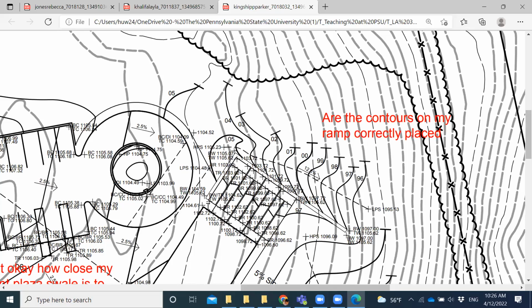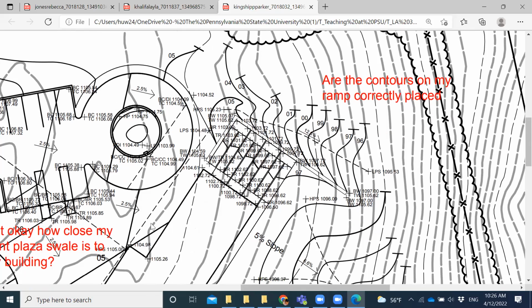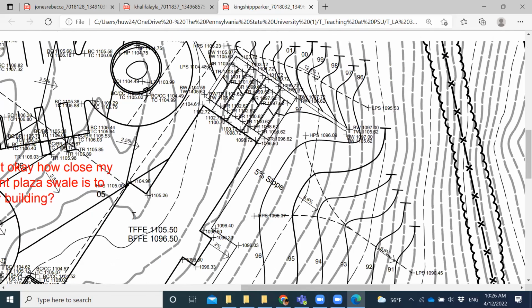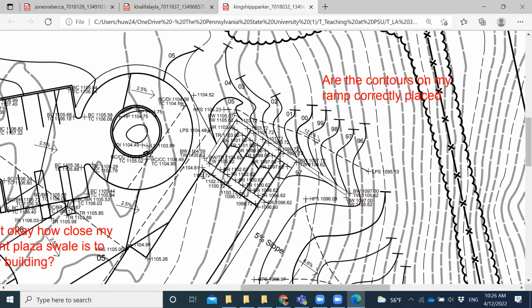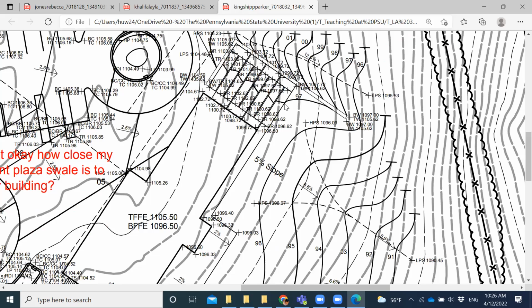You start from this place and you estimated the elevation here to be 1104.61. That's where we start to check your spots and your slopes. So this is 05, this is 05, and that is 04.61, which is reasonable. And then you start going down, that's 4, 3, 2, 1, 0, 9, 8, 7. 7 goes down here and then connects back to the 7 over here.